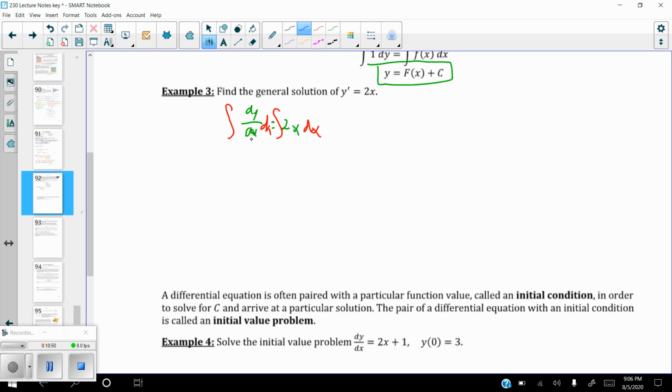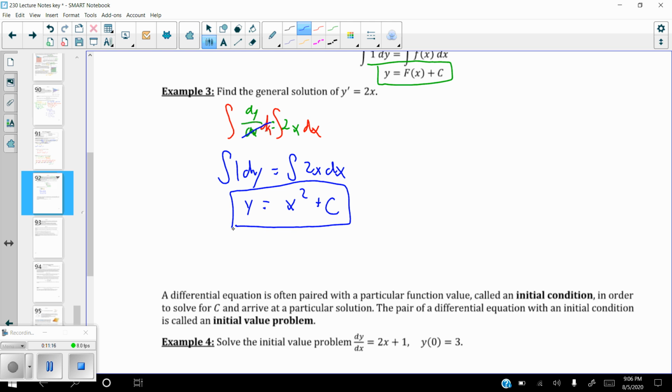So on the left side, the dx's cancel out, and what I end up with is the integral of 1 dy equals the integral of 2x dx. So the integral on the left side is just y. The integral on the right side is x squared plus some constant c. And that's it.